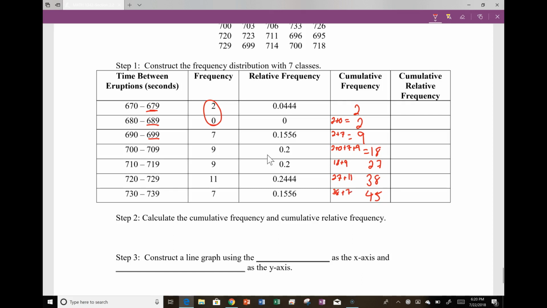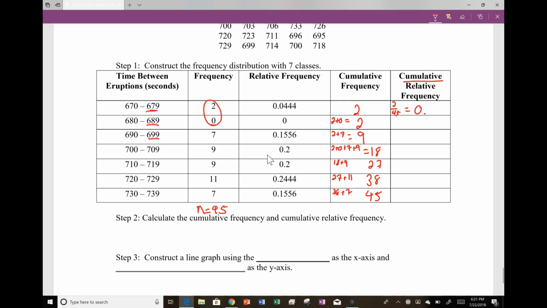To get the cumulative relative frequency, remember that relative frequency was the frequency divided by the total number. Well, we're still going to use this total number, being 45 total data points, but instead of taking the frequency, we're going to take the cumulative frequency. So I'm going to have 2 divided by 45.